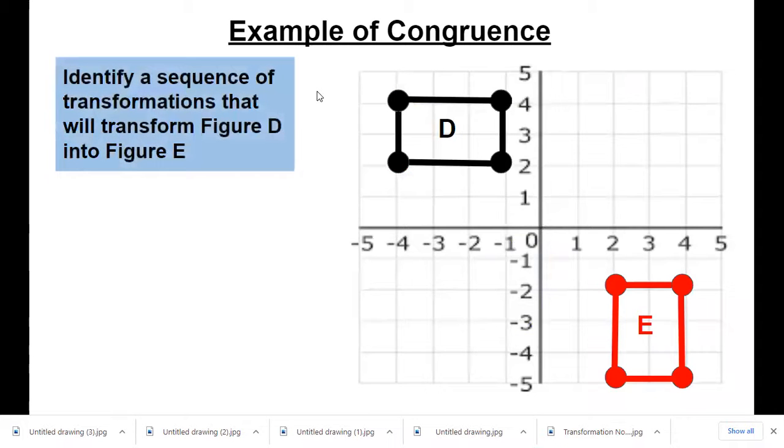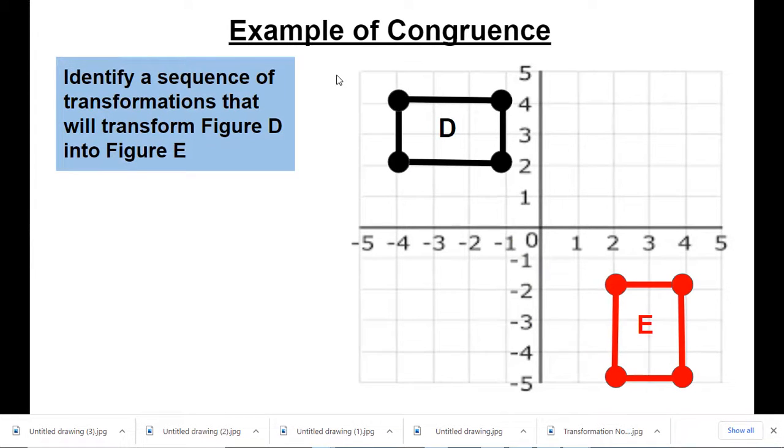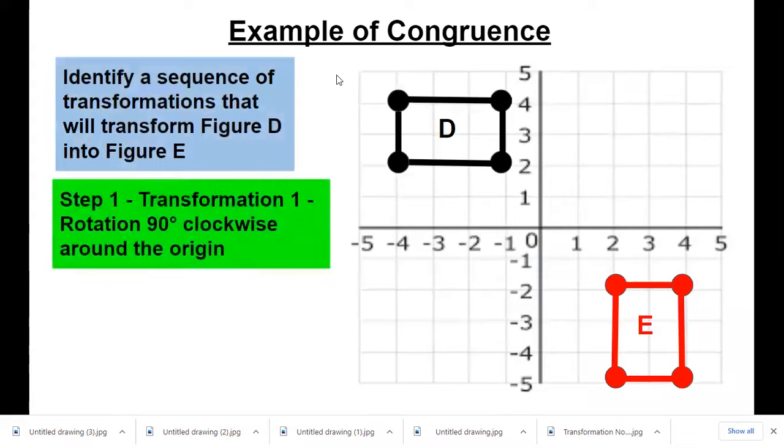Identify a sequence of transformations that will transform figure D into figure E. What do you think? So you're going to rotate 90 degrees clockwise around the origin. Let me just draw it.